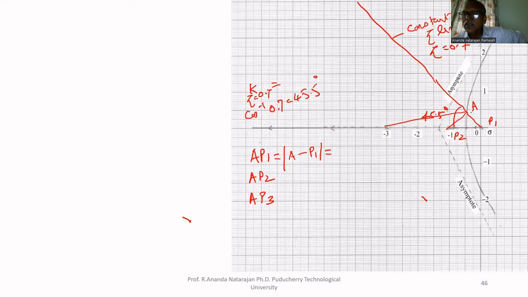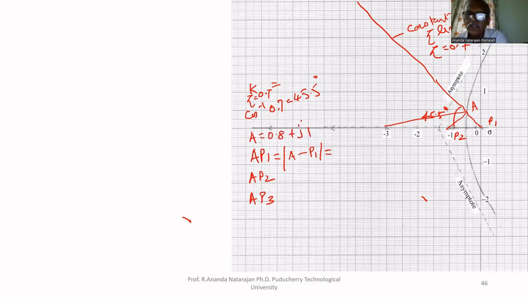A, let us assume A equal to minus 1 plus j, just an assumption. Here we can find what is that A. From the graph, A equals minus 0.8 plus j1.